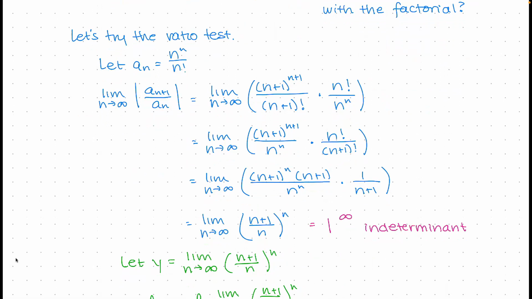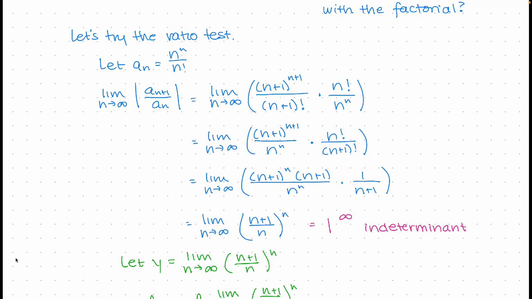So if we do the ratio test, we can simplify it down here. Now remember this, if you haven't worked with factorials before, this fraction here, n factorial over n plus 1 factorial, hidden inside the n plus 1 factorial is an n factorial.